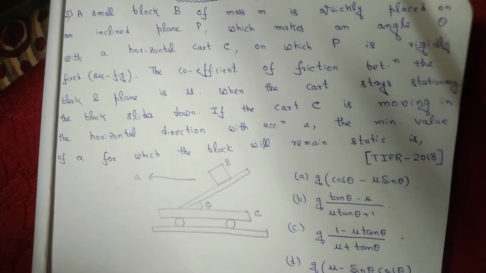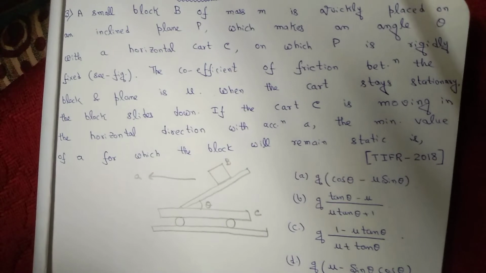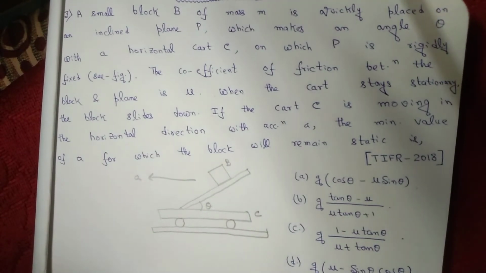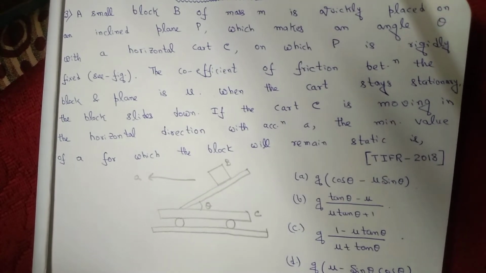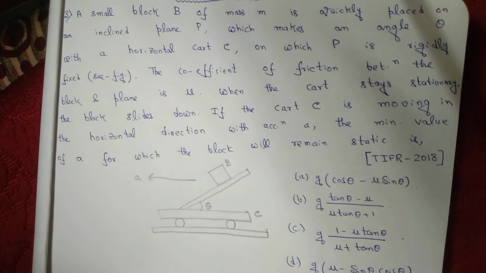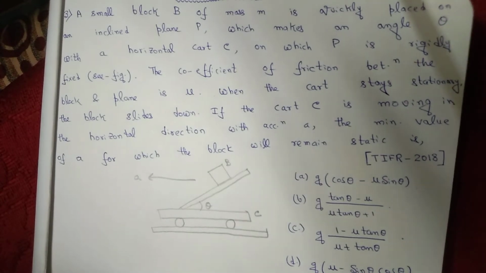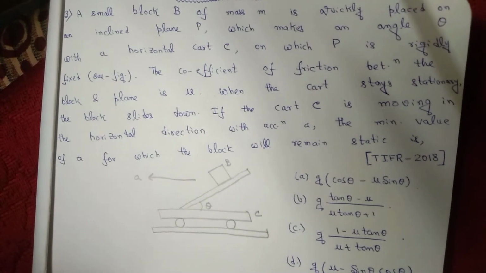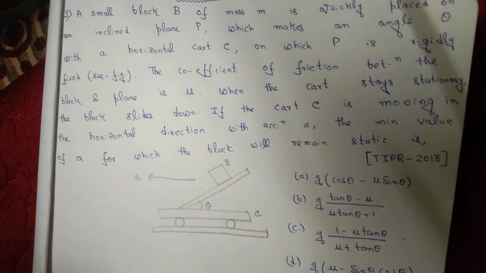The problem is saying that a small block B of mass m is quickly placed on an inclined plane P, which makes an angle theta with a horizontal chord C, on which P is rigidly fixed.